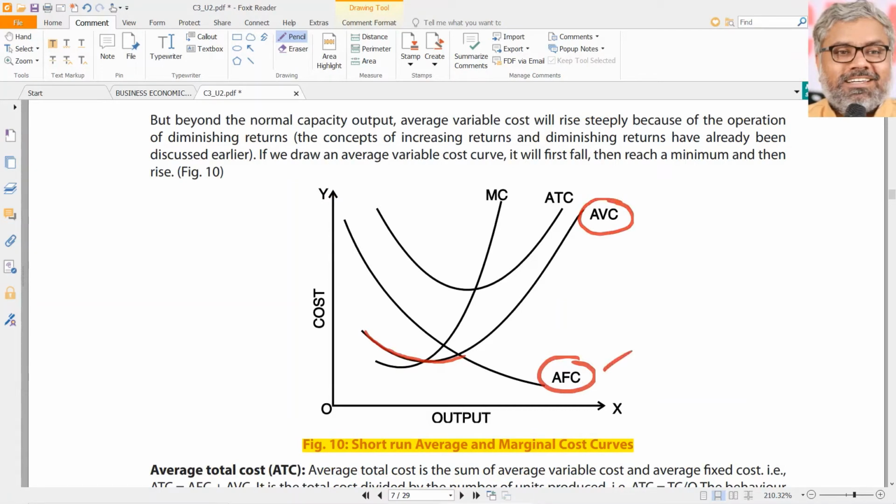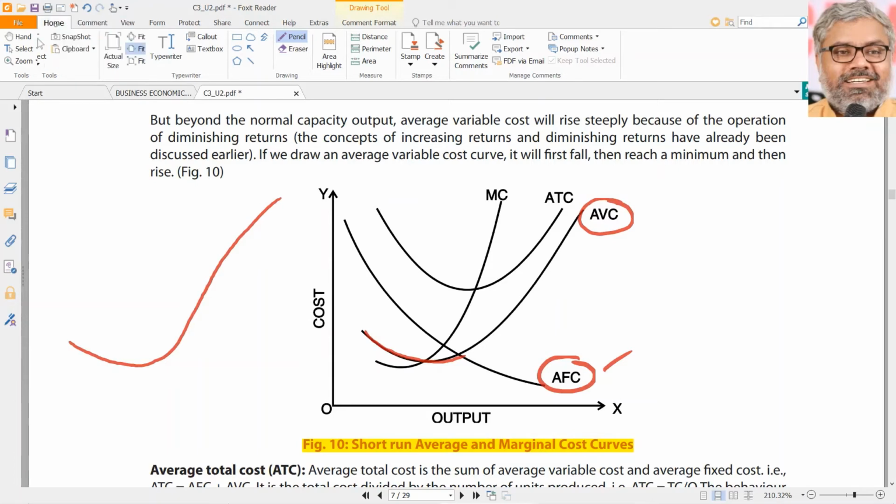Average fixed cost is done. That will always be like this only. There is no problem in that. But average variable cost, what is happening to that? Initially it declines, then later it increases. Why is it declining? Why is it increasing? Because of production theories. What we know in the production theories, initially there will be increasing returns. During that phase, the average variable cost decreased. Everything was working fantastic. Efficiency was good.